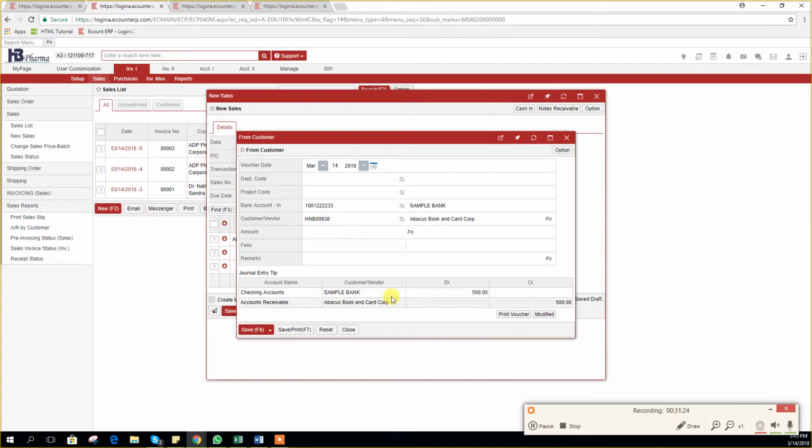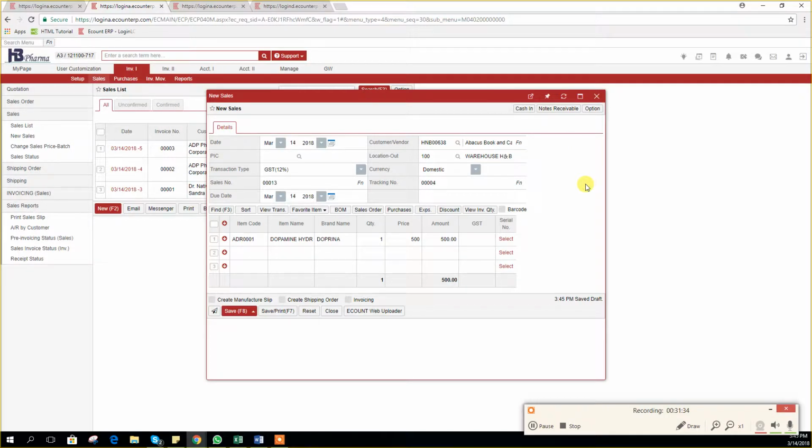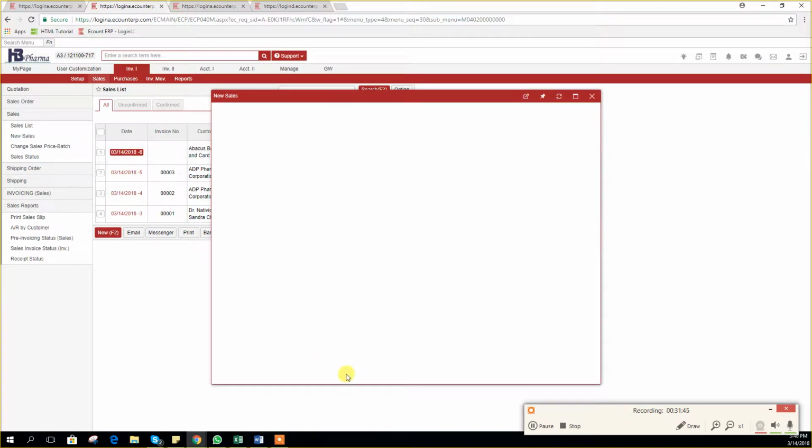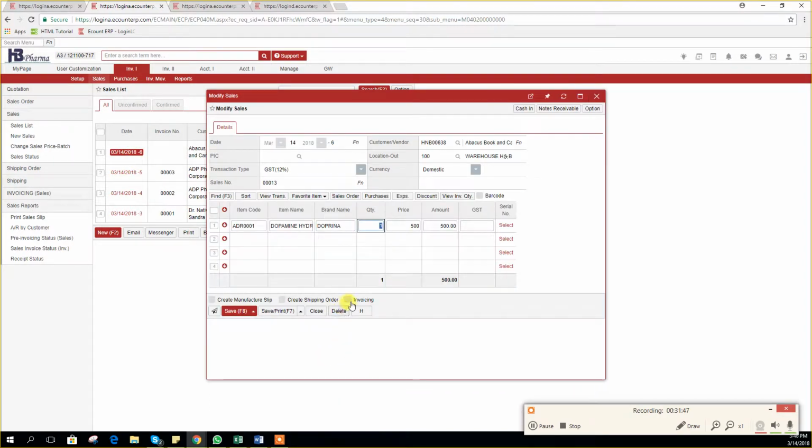So that is why you already credit out the accounts receivable, already done. So this is how you do for 100% cash payment, just like that. You do not need to click this invoicing here because it has nothing to do with your receivables.